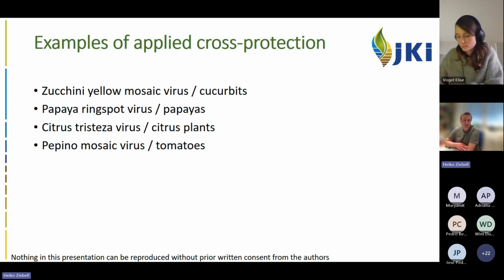And last but not least, pepino mosaic virus in tomatoes. And this is a very nice success story, and Elise will talk a little bit about what it takes for a mild virus to become a cross-protecting agent that can be commercially applied to protect crops.